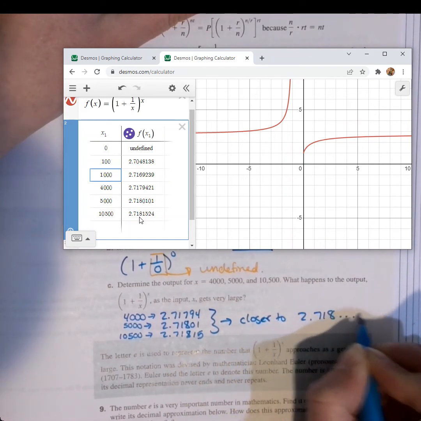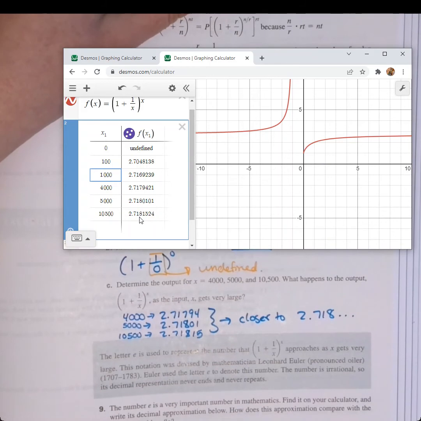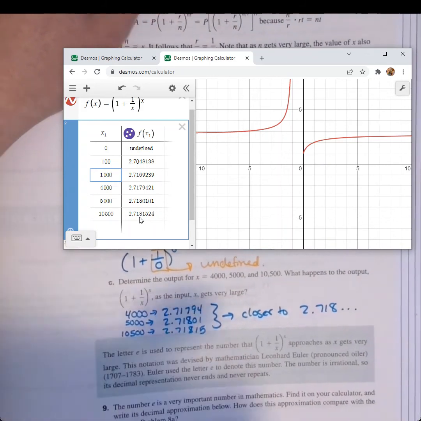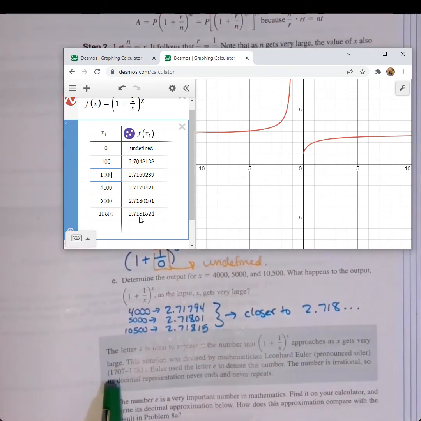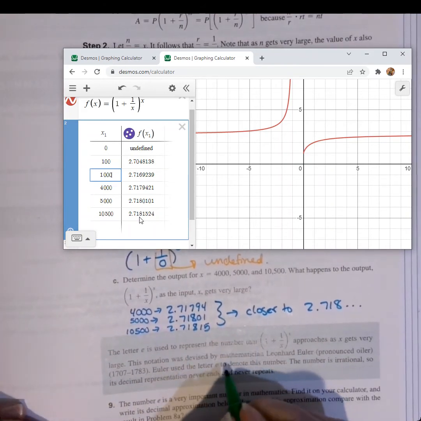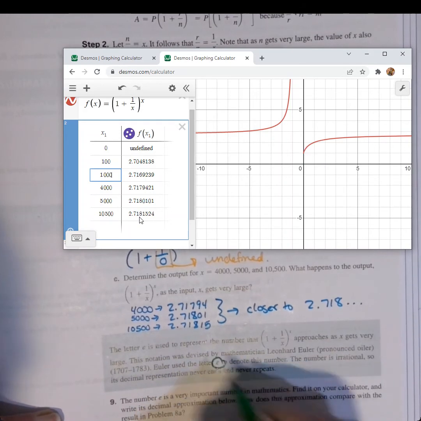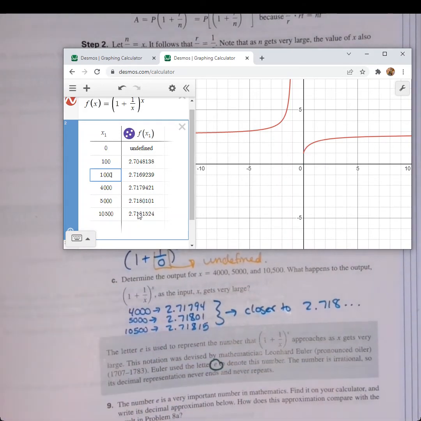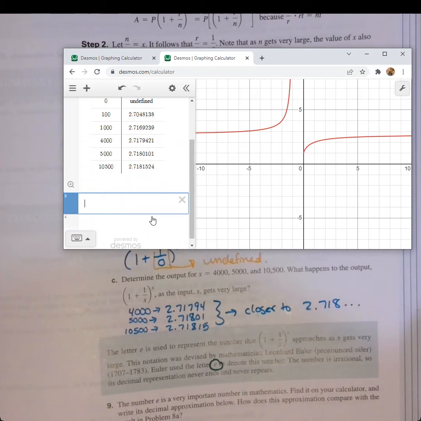2.718 something. And they studied this a whole lot in 1707 to 1793 when Euler was alive. And they defined this to be Euler's number, E. And so E is an irrational number. If you type the letter E on decimals, it's going to tell you what it's equal to.